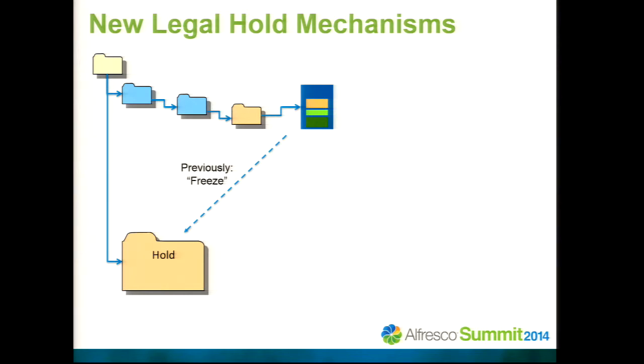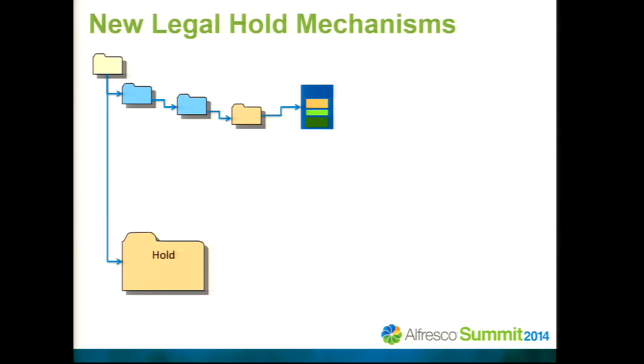But some people took that to mean something else, that it was being frozen for edit, which is not exactly what that function does. That would put all of the records that you declared that way into a single hold folder, so you just had this big long list of holds.